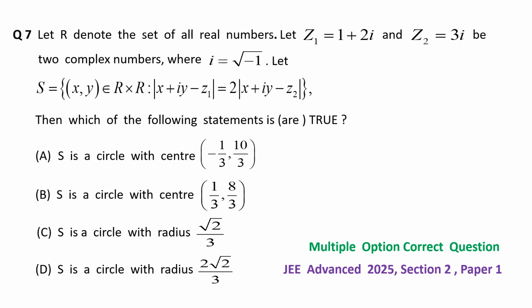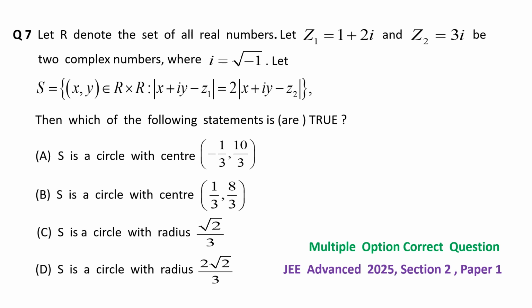Let S equal to the set containing the ordered pairs x, y which belong to R cross R such that mod of x plus iota y minus Z1 is equal to 2 times mod of x plus iota y minus Z2. Then which of the following statements are true? The first option is S is a circle with center minus 1 upon 3 comma 10 by 3.